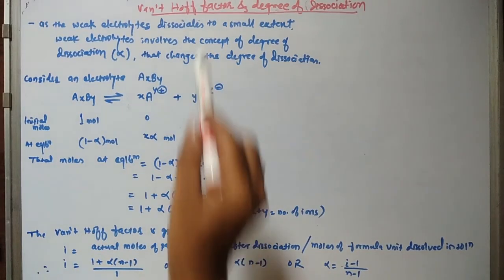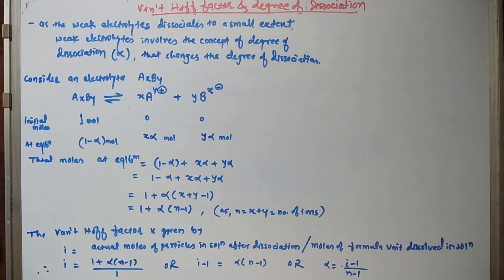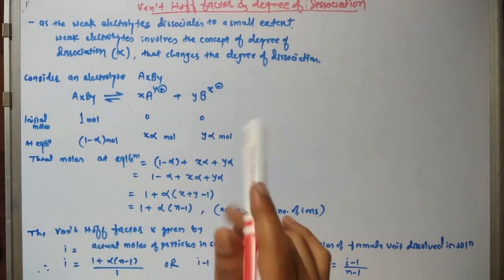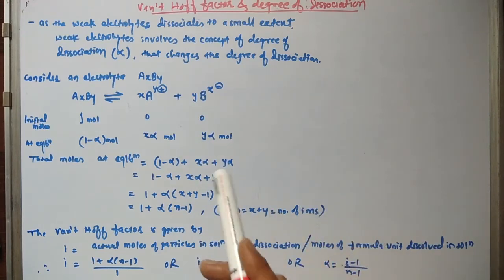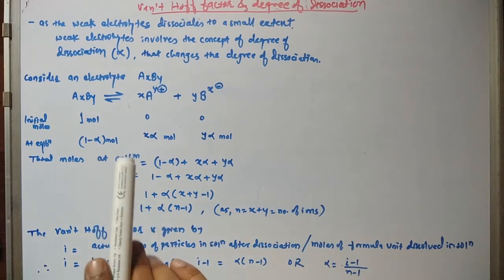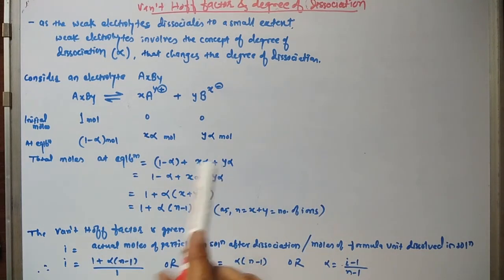Let us see Van 't Hoff factor i and degree of dissociation. Why the degree of dissociation? Because in the case of the colligative properties of the solutions of electrolytes, some of the electrolytes dissociate completely, the strong electrolytes, and some of the electrolytes dissociate weakly.